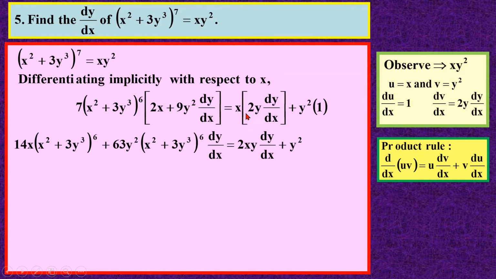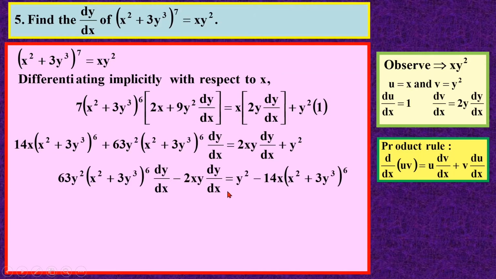Over here, I have 2xy multiplied by dy/dx plus y squared. Now, I'm going to arrange the dy/dx on the left hand side and all the other terms on the right hand side. So, just copy them properly down.